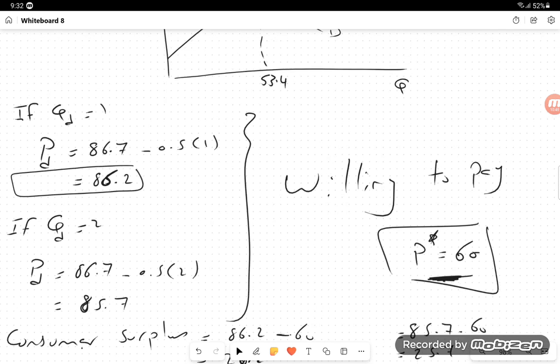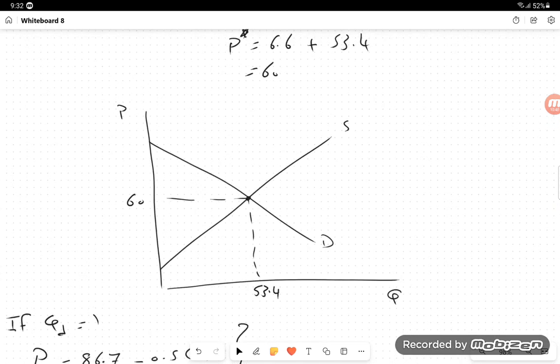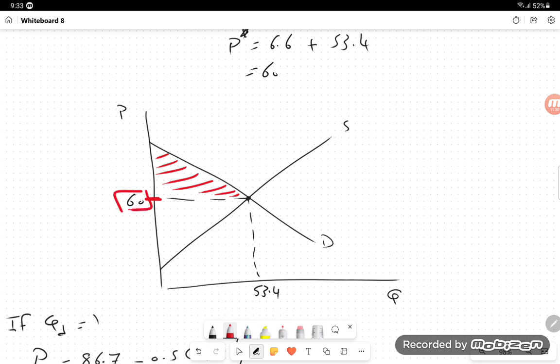So returning back to our graph, this is the consumer surplus, which is the difference between the actual price in the market and the willingness to pay at each unit.